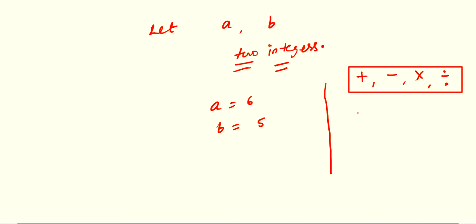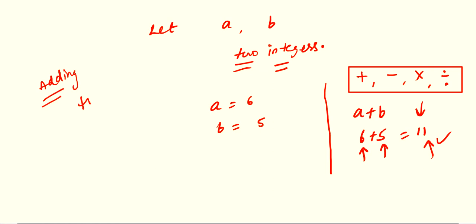If we add a and b, that is a plus b, that means 6 plus 5, our answer is 11. 6 is an integer, 5 is an integer, and our answer 11 is also an integer. That means if we add two integers, our answer is again an integer.